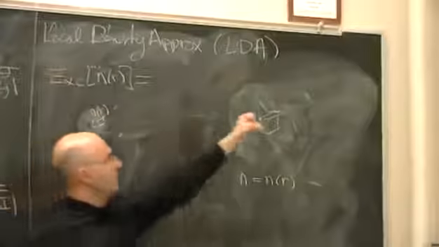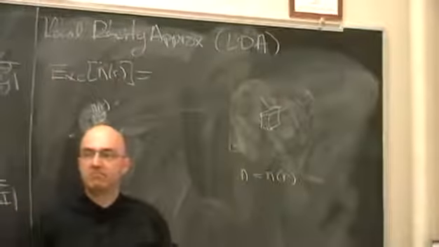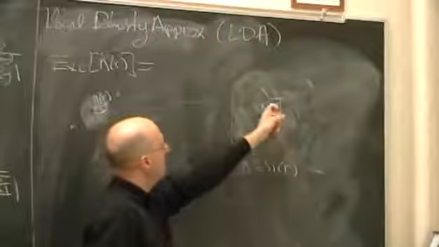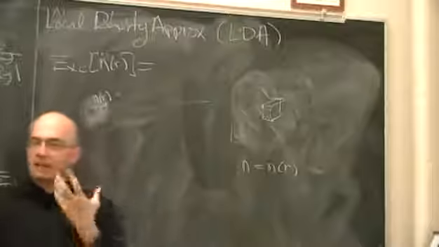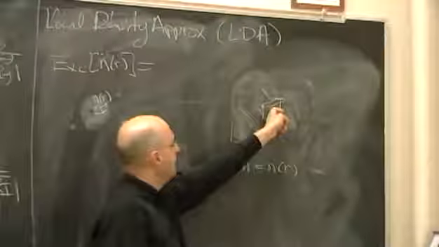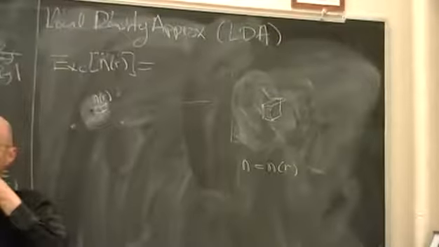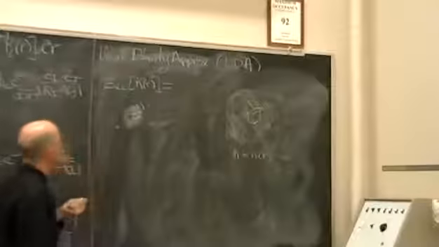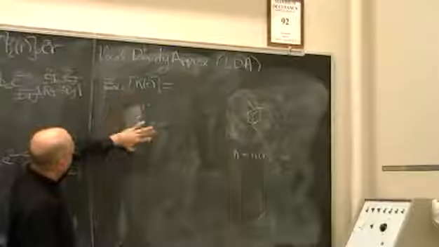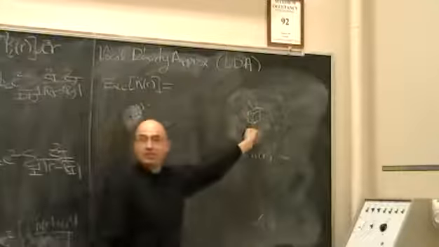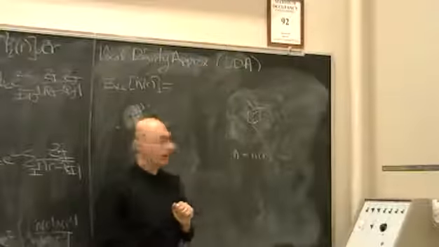It's in a homogeneous, uniform environment. And what we want to say is that, well, the energy of this box in this uniform environment, as an approximation, we're going to take it as that being the same as the energy it had in that other environment. That's the basic approximation. If the electron density isn't varying too rapidly, then we might hope that this is a good approximation and that the thing is going to work.